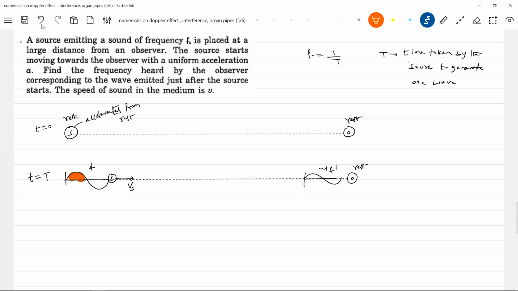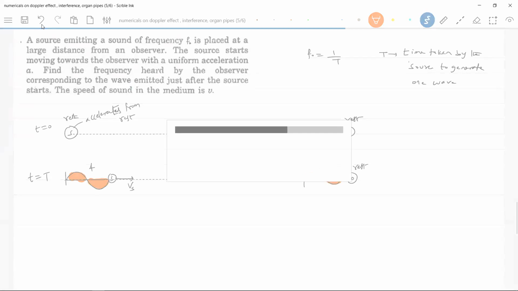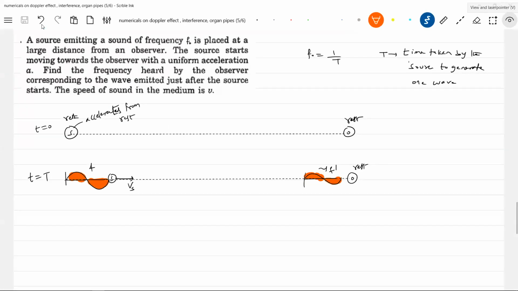You are able to analyze this condition because some time is needed for the wave to be generated. In that interval of time, the source will acquire a certain speed. So that is what we have to substitute in the Doppler formula. So what is this Vs? Vs should be the average speed that you have to take.